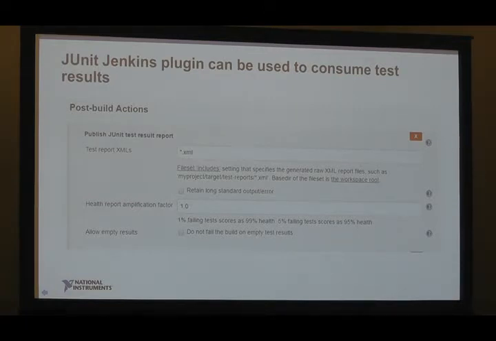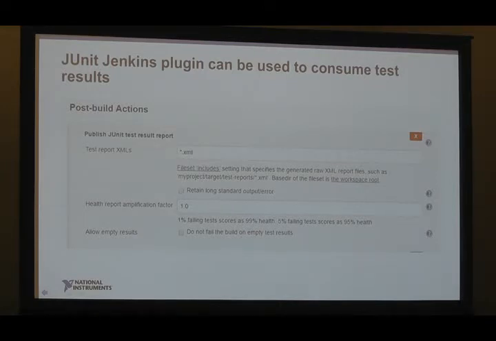One of the plugins you can install within Jenkins is the JUnit XML plugin. After you've executed whatever job you want, you can have a post action that consumes these XML reports you generated.